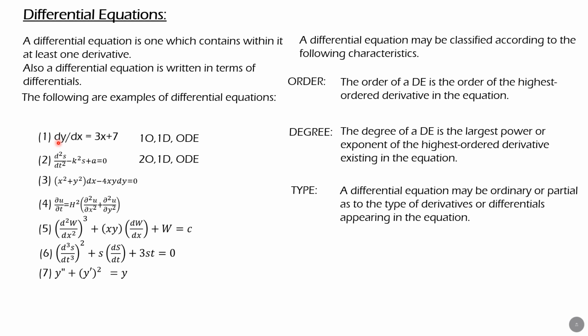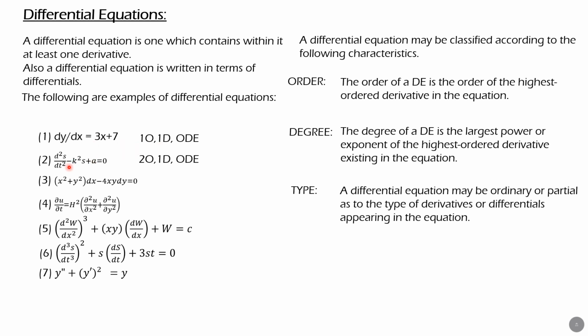Now, the first example, this first differential equation is first order because we have dy/dx only, first derivative, and it is first degree because this is the order and its exponent is 1, and it is an ordinary differential equation.